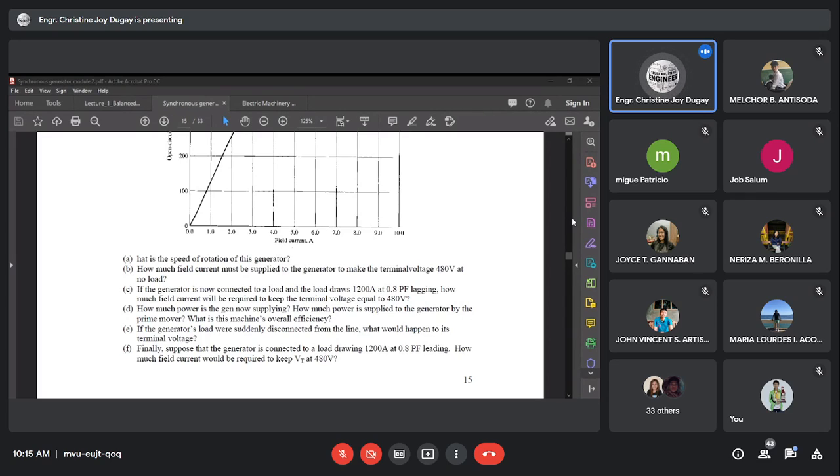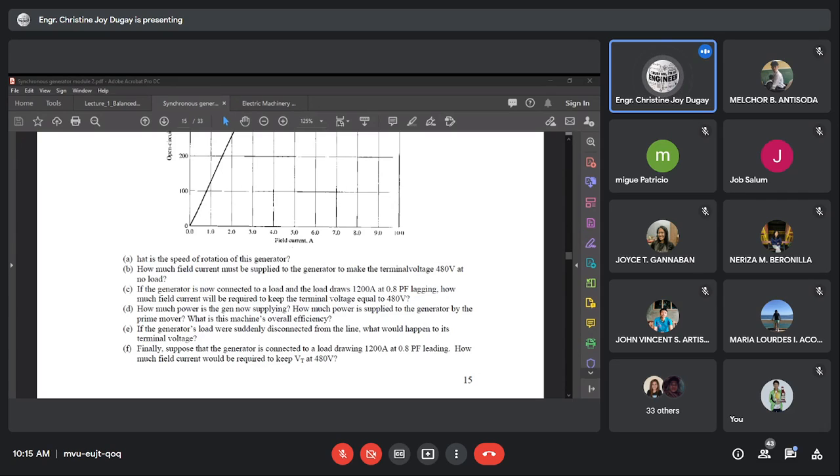First, how do we find the speed? Given that our 480 volt delta-connected 4-pole generator has an OCC as shown in this figure, the generator has a synchronous reactance of 0.8 and an armature resistance of 0.015, and supplies 1,200 ampere at 0.8 power factor lagging.